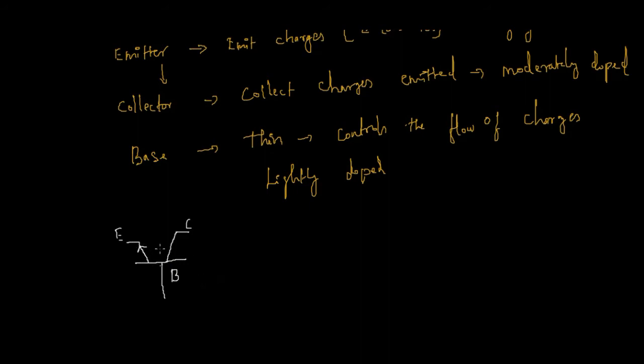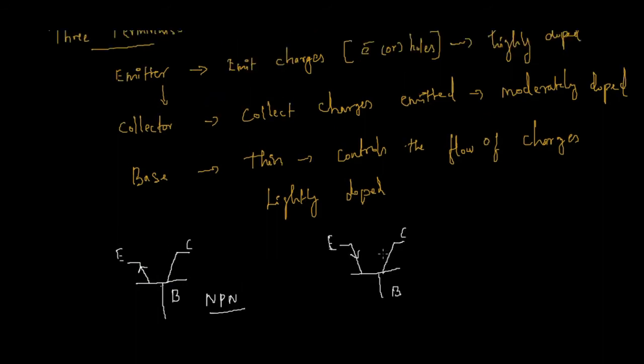So this is the NPN configuration. And this is a PNP configuration, and now you can see the difference between these two. In the PNP configuration, the emitter is injecting holes towards the base, right?